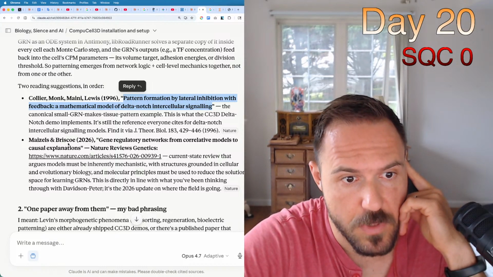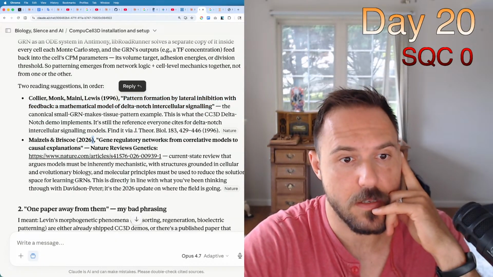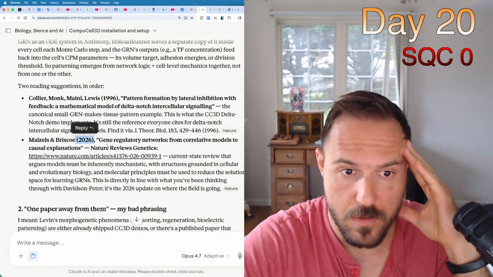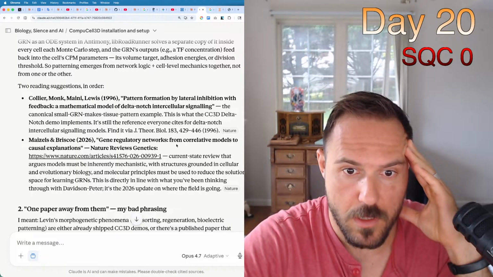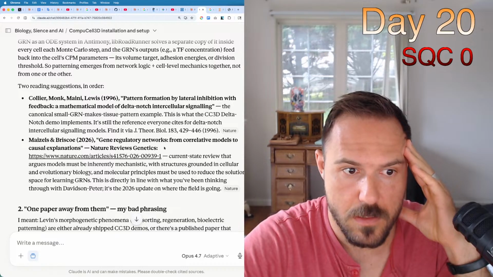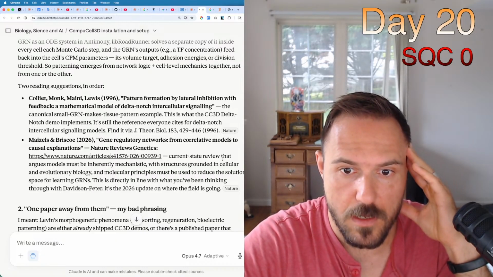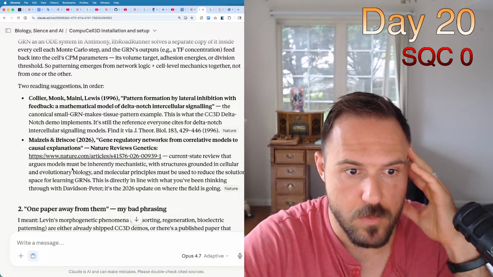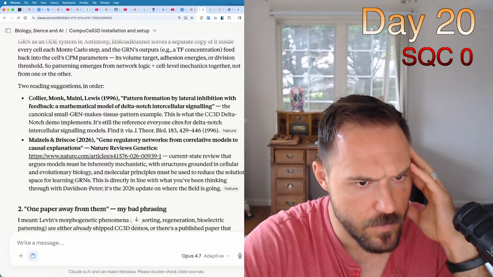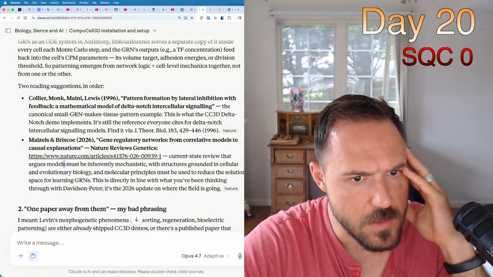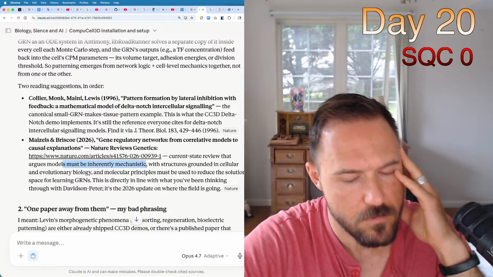Maisel and Briscoe. This is this year's paper. Gene regulatory networks: from correlative models to causal explanation. Oh, this is exactly what I was thinking about. Current state review that argues models must be inherently mechanistic.